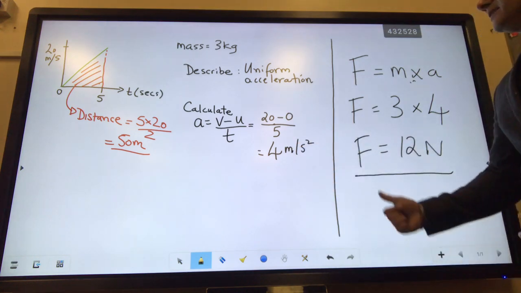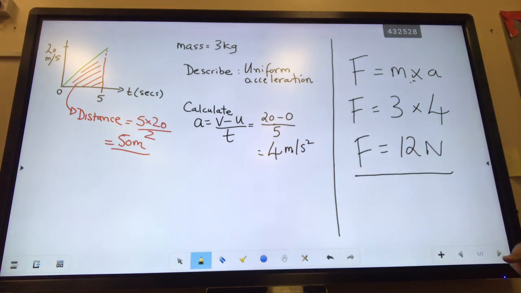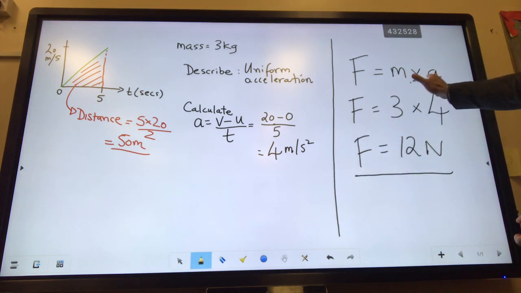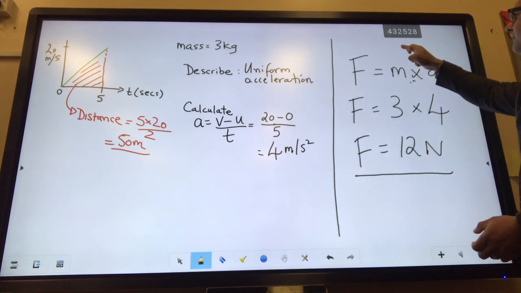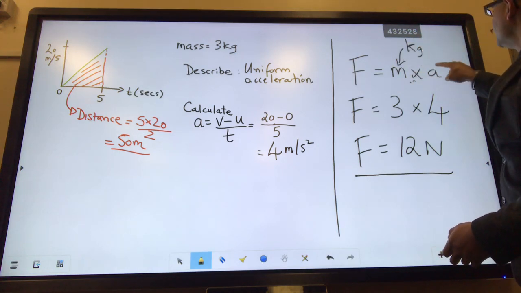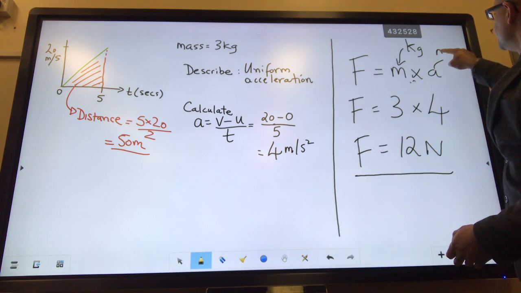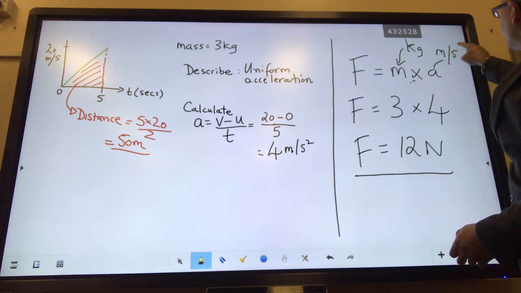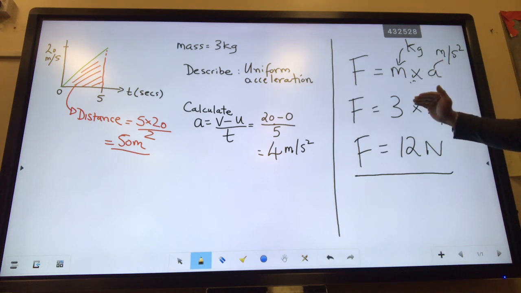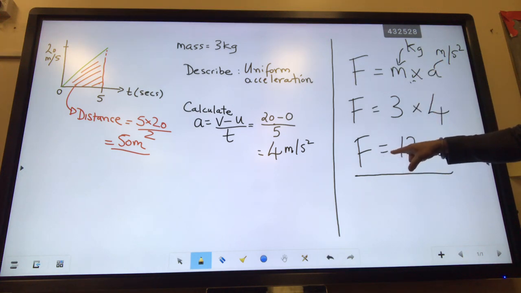Then once we calculated the acceleration, we were able to plug this value into Newton's second law of motion, where this m value is always measured in kilograms, and the acceleration is always measured in meters per second squared. From this principle, we are able to get the value for force, which is 12 newtons altogether.